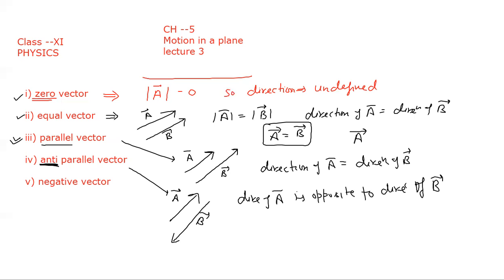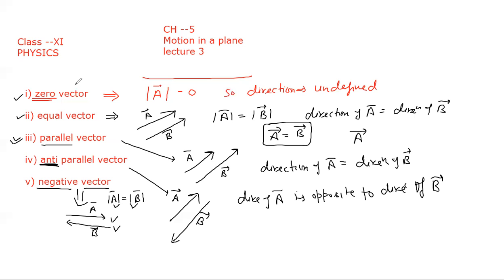Now, the last part. These types of vectors are called negative vectors. In a negative vector, once again I explain, the direction of A is opposite to the direction of B, but the magnitude remains the same in vectors A and B. So the direction is clear.